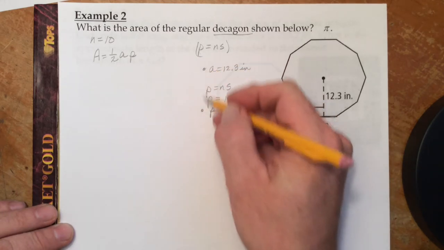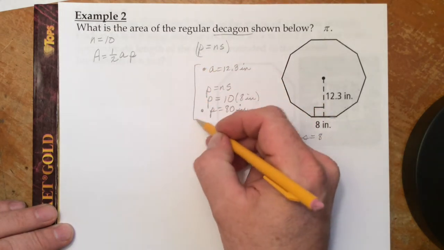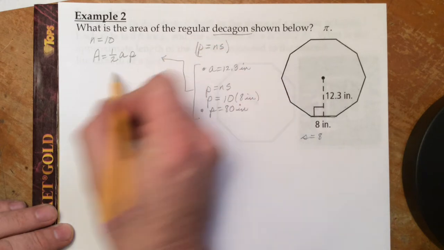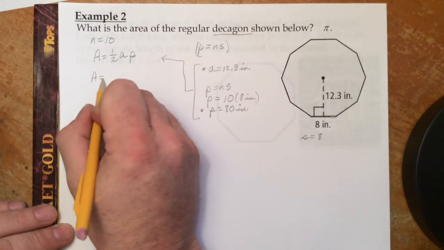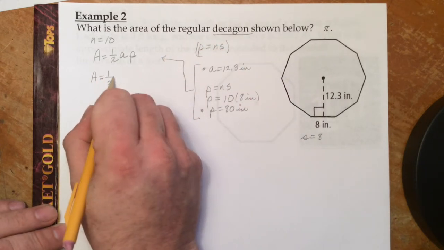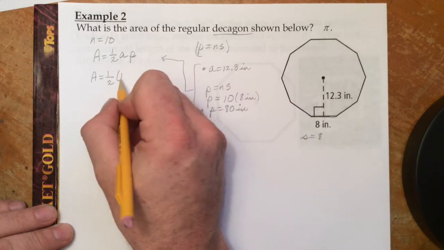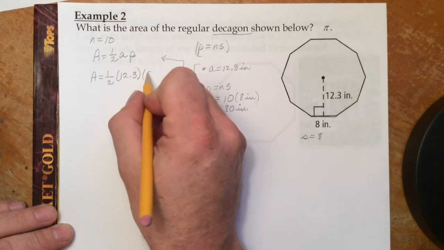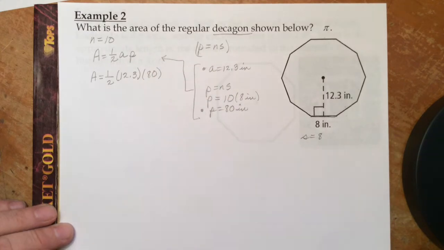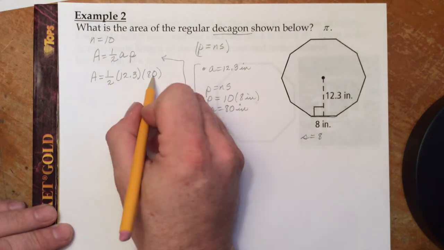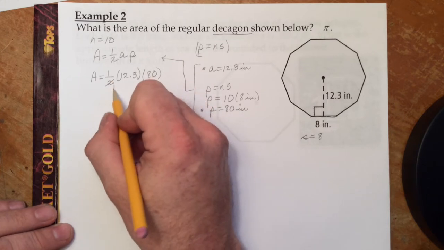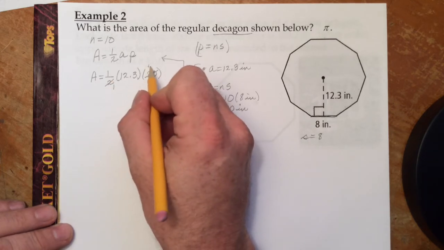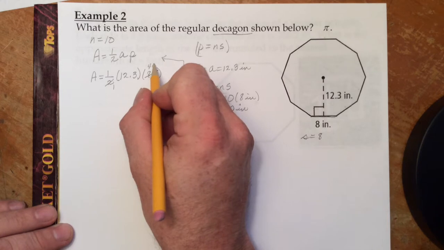So we have what we need now. Come back up here and substitute it into our formula. The area is 1/2 times the apothem, which is 12.3, times the perimeter, which is 80 inches. At this point, 2 and 80 are divisible by 2. 2 goes into 2 once, 2 goes into 80 40 times.